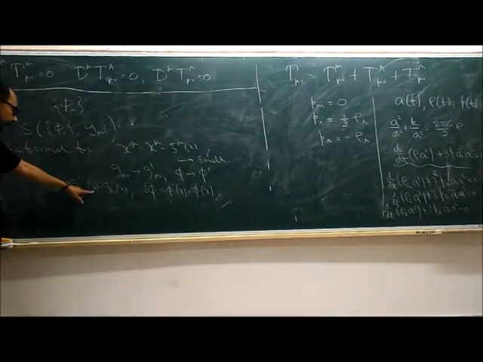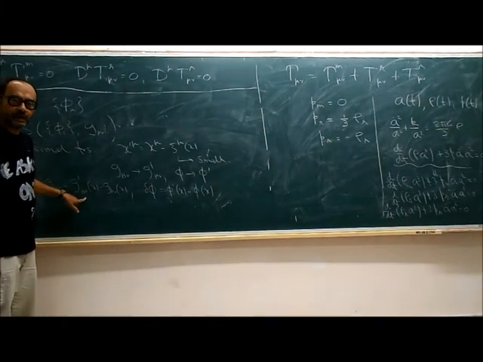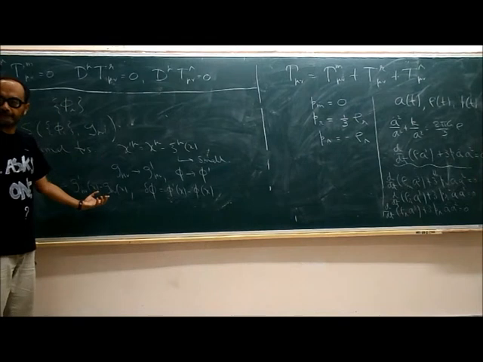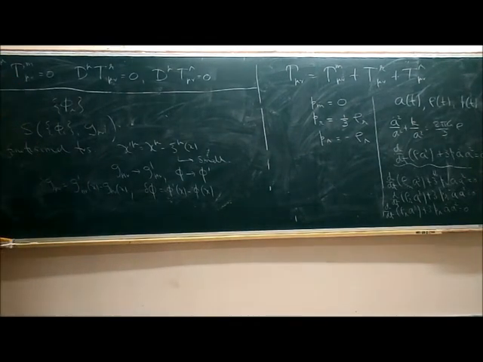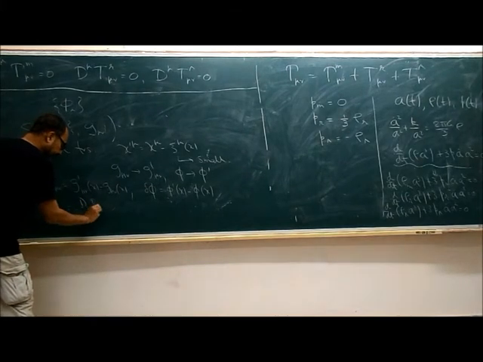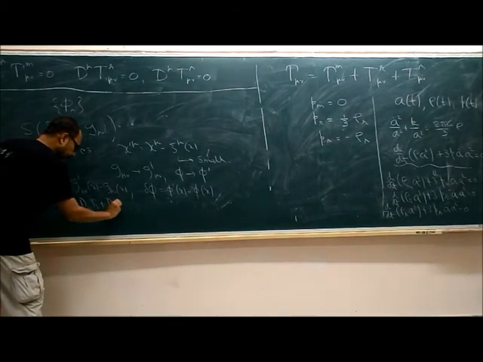Notice that the arguments are the same. It's just how g has changed its functional form. So if it was an isometry, then this would be 0. That's what we had. Delta g mu nu is this, delta phi is this. Now for delta g mu nu, we have a formula: d mu xi nu plus d nu xi mu.